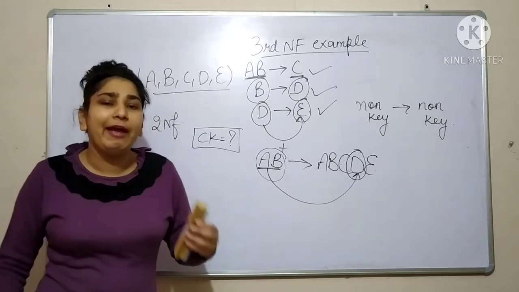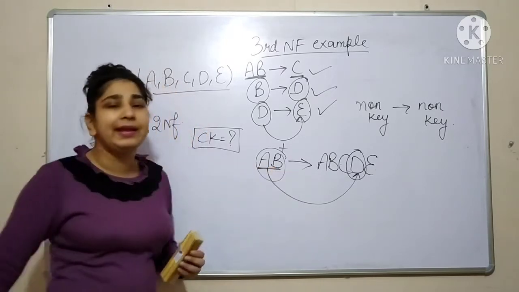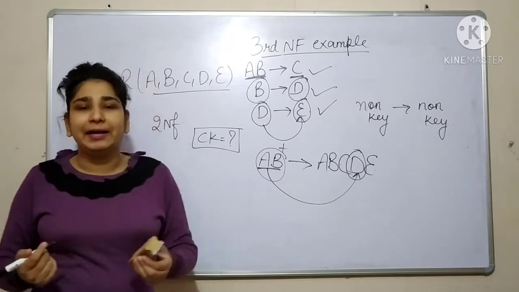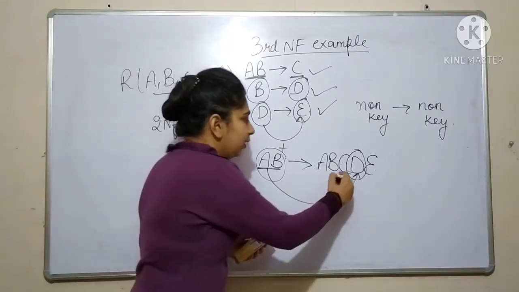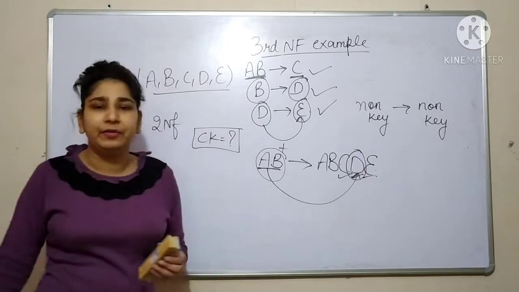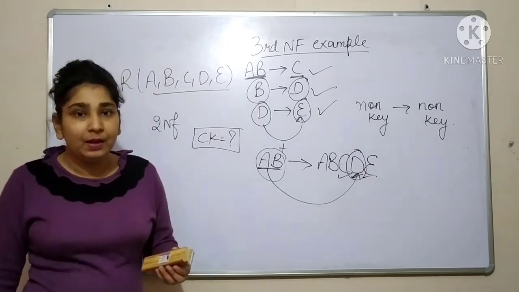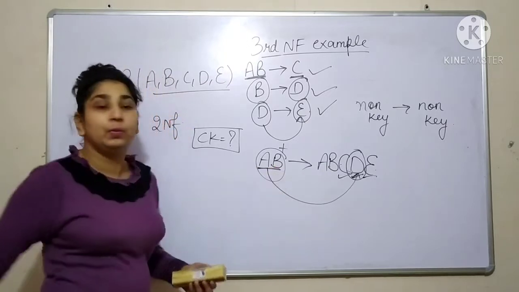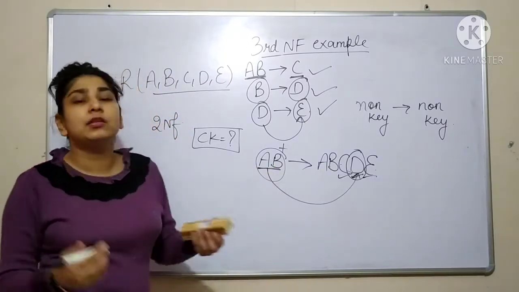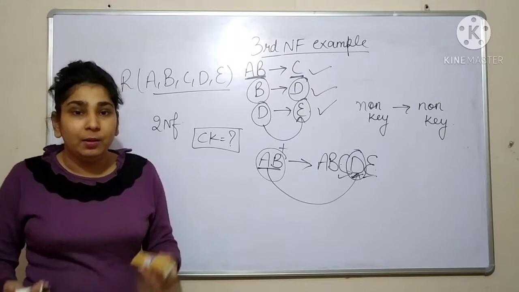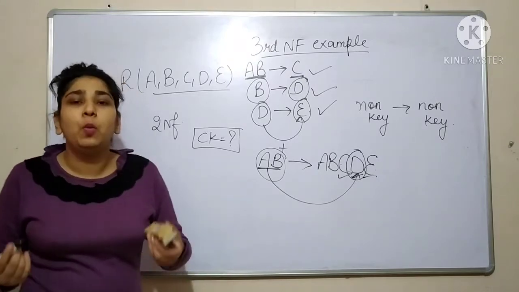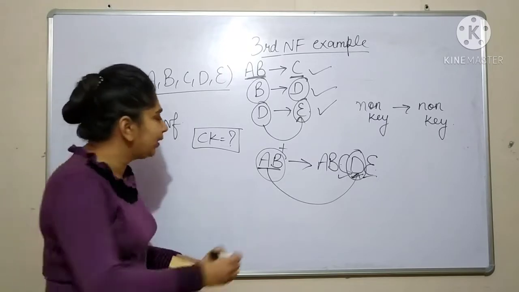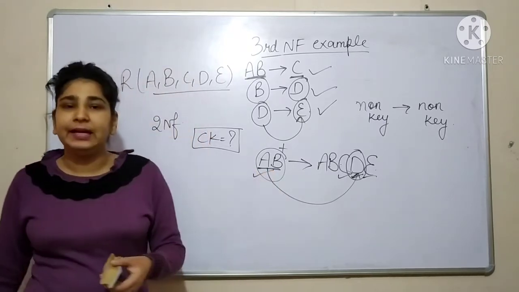If I give you the values of attributes A and B, we are able to uniquely determine the values of all the other attributes. This is how a candidate key works. The candidate key is the most important key, because everything you want to search in your table, you search with the help of the candidate key.